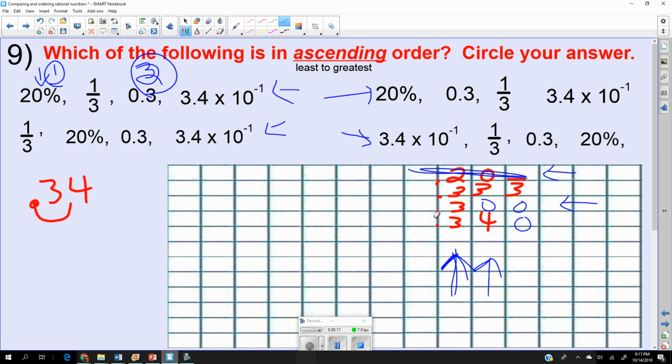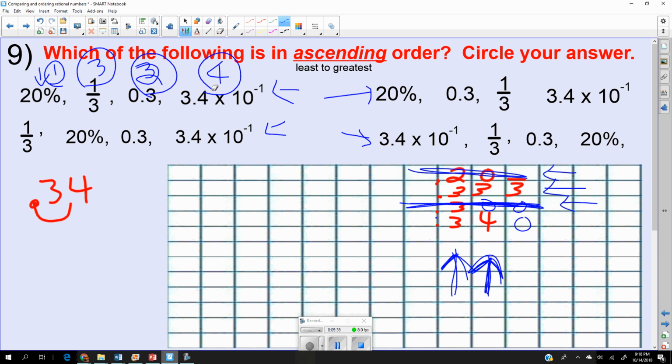Let's scratch that one out because we're done with it. Let's go back to the same column, because here you can see that 3 is smaller than 4. So 0.33333, which was the second one we did, which is 1/3, is the third smallest. And finally, this is the fourth smallest.